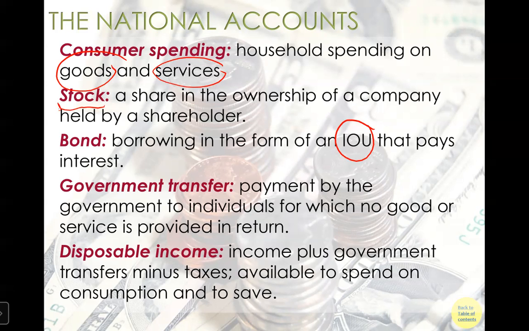The next one is government transfer. A government transfer is a payment from the government to an individual. But let's keep in mind, no goods or service is provided. Let me give you two examples. If the city of Omaha decides to hire someone to fix the road, that's not a transfer.